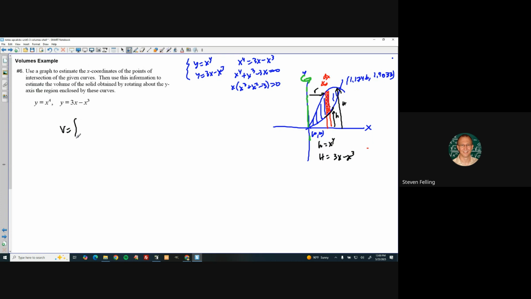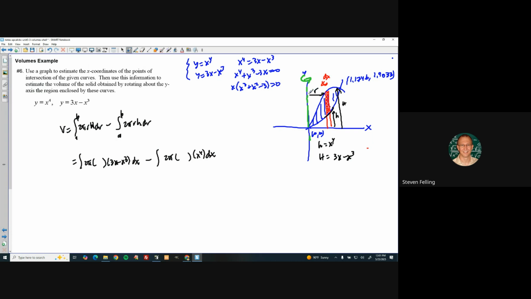The volume will be two integrals, a to b 2 pi r big H dr minus 2 pi little r little h dr. So 2 pi, we'll skip r for a second. The big H is 3x minus x cubed dx. 2 pi, skip that, x to the fourth, we get h dx.